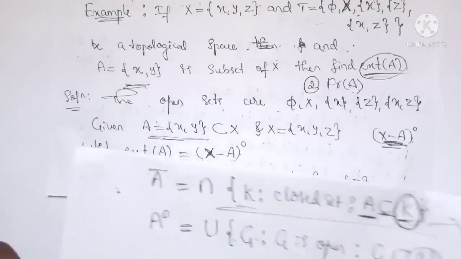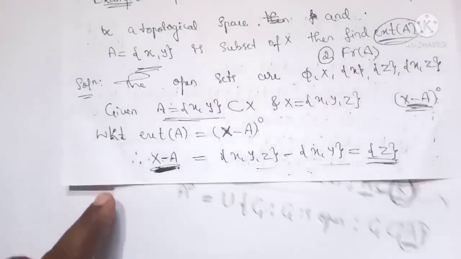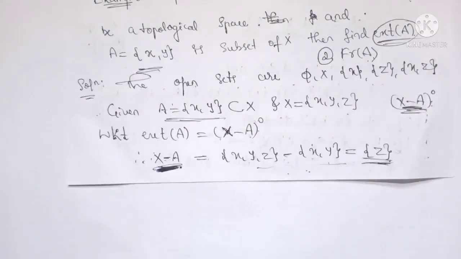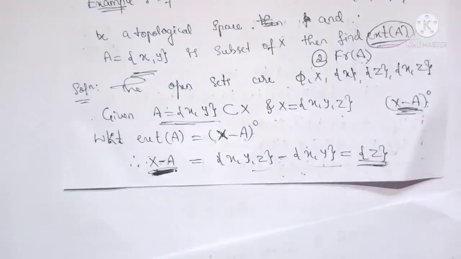For that we need A closure first, then (X minus A) closure, and then we find the frontier. Because the frontier definition is the intersection of A closure and (X minus A) closure.